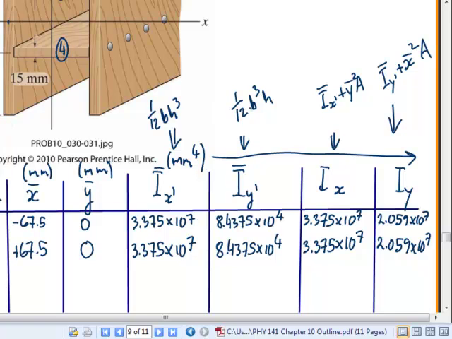So the only difference between this one is which variable gets cubed. So it's always the opposite of the variable we're taking about, or the axis that we're taking the moment about. So moment about the x-axis, it's the y value that's cubed, because it's the distance from the x-axis that's important, which is the y value. Same thing on IY, it's the x value that's cubed.